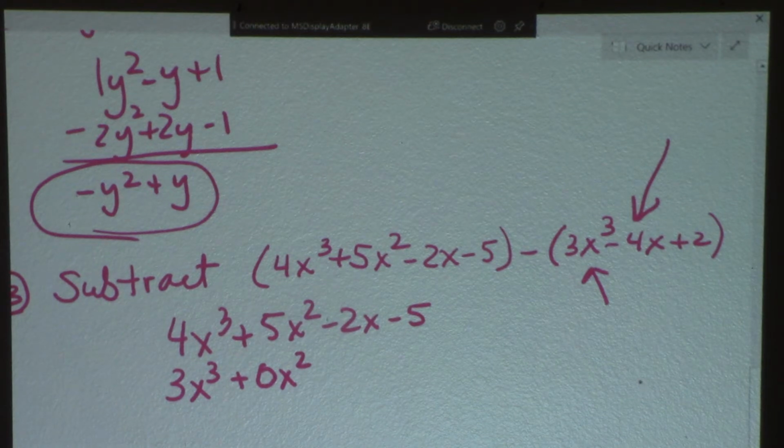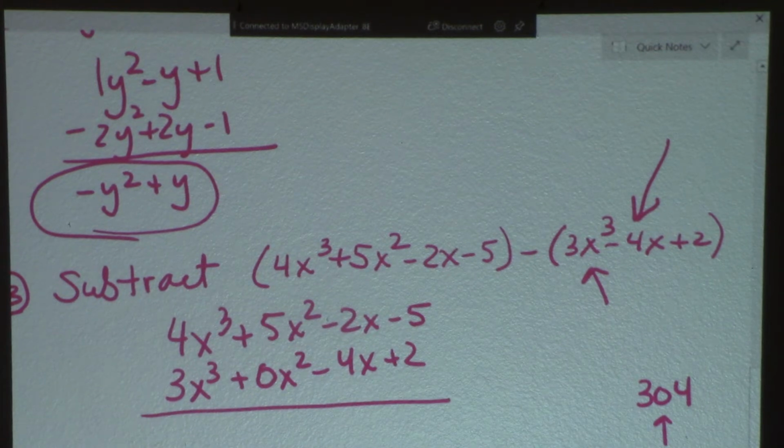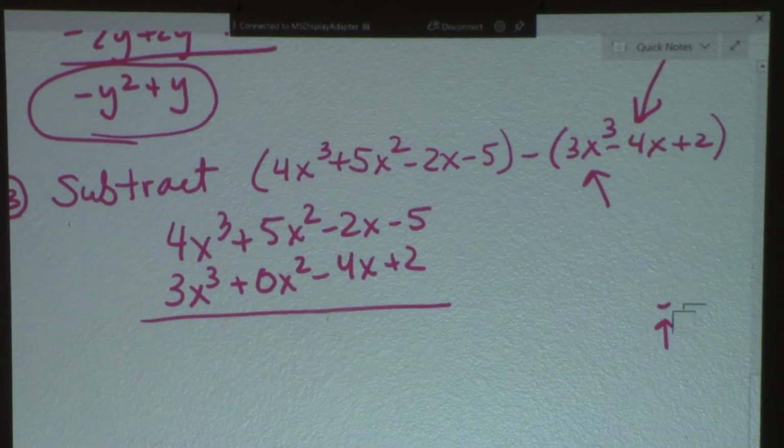Kind of like if I had the number 304, there's no number in the tens place, but it just holds it so that you have the 4 on the end with no problem, okay? And now I'm going to write the rest, minus 4x plus 2. And I like doing this because that keeps everything in line, all right?